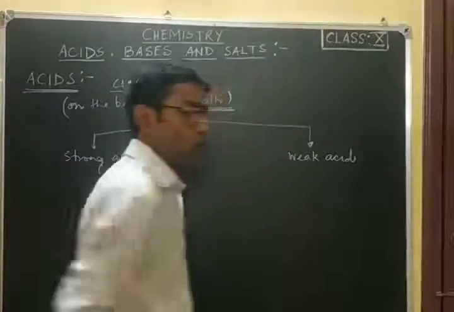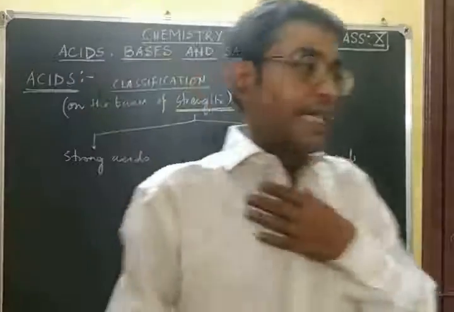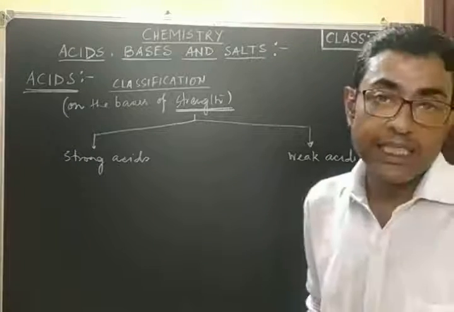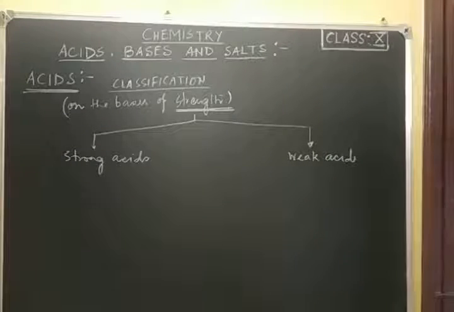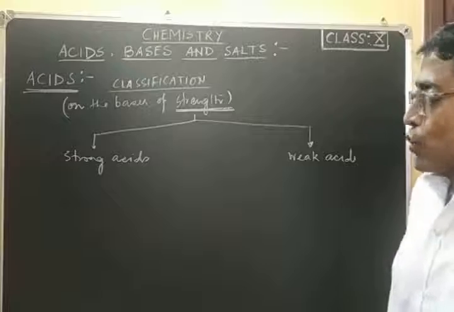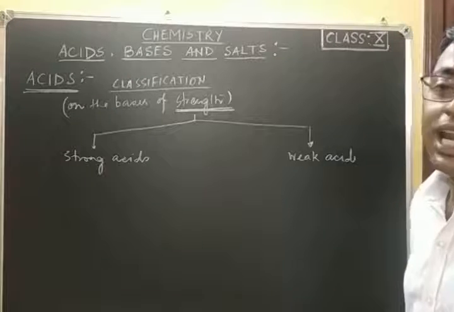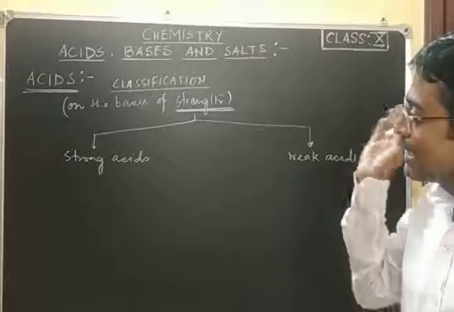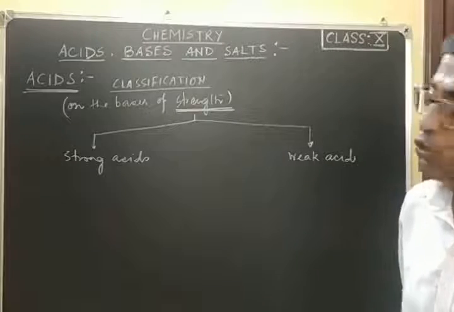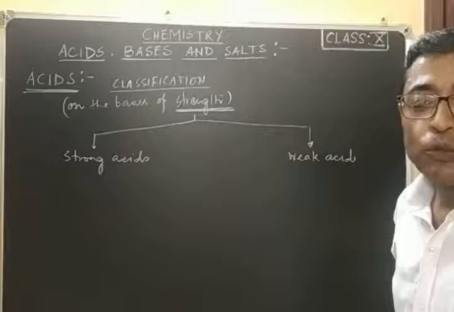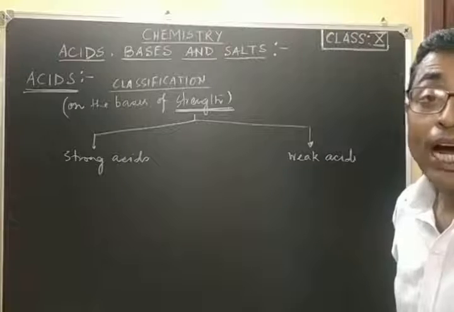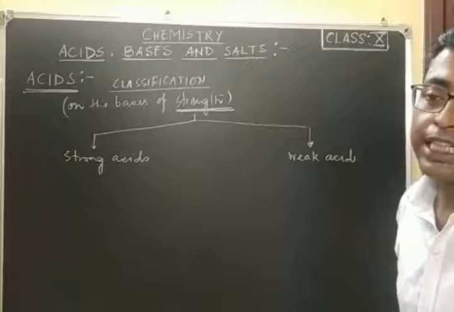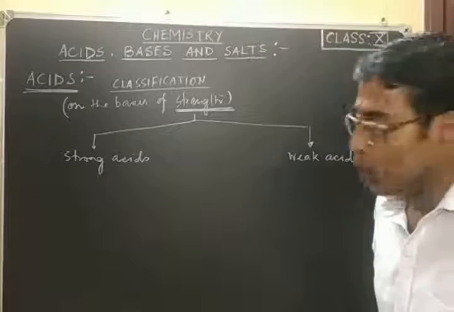So what are strong acids? Remember, the strength of the acid and base depends on the ion producing capacity. Ion in electrolysis, we have learned a little bit about this one. So the acids which can produce large, and learn this thing very properly, because exactly the same thing is applicable for base also. So the acid which can produce a large number of ions in the solution, in which the dissociation takes place with a very large proportion.